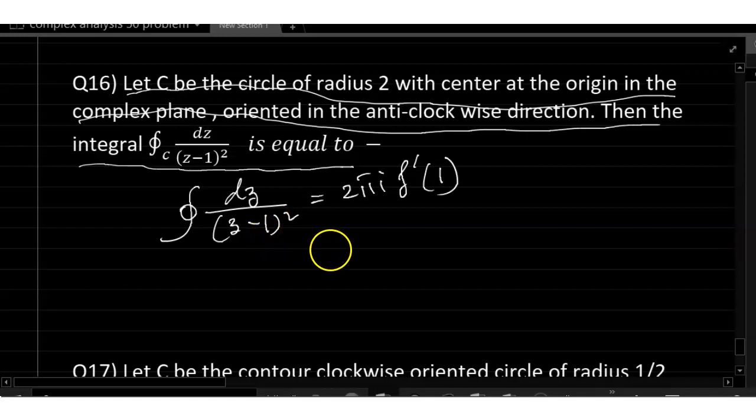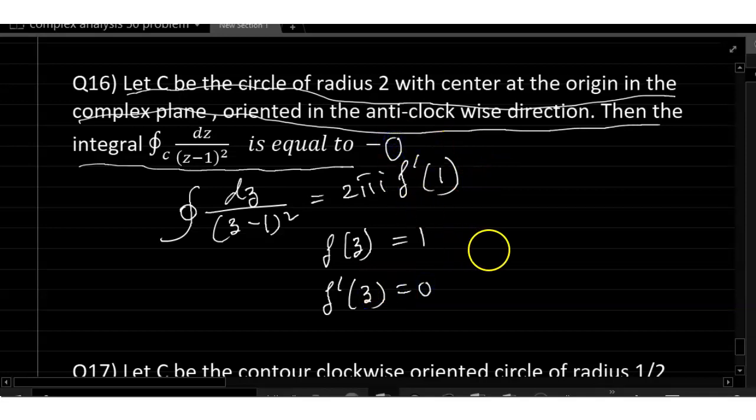Now f dash at 1 equals 0. So the value is 2 pi i into 0, so it is 0.